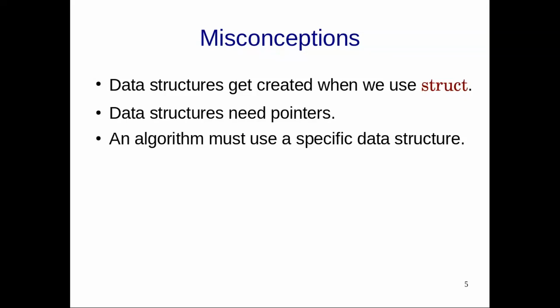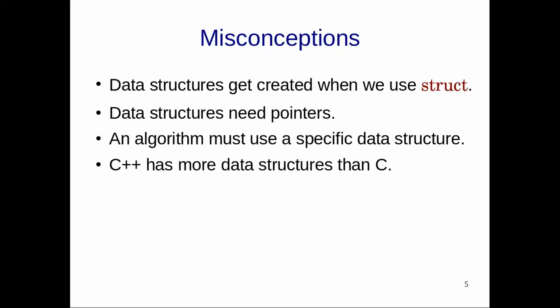For example, I might store all the information of students in a class in an array, or I might store it in a linked list, and I can still perform the same process. What will differ is not the functionality but the performance, and that performance is something which we would like to both quantify as well as qualitatively evaluate in this course, and we'll come to that as we go along. So an algorithm might use different data structures for doing the same process.